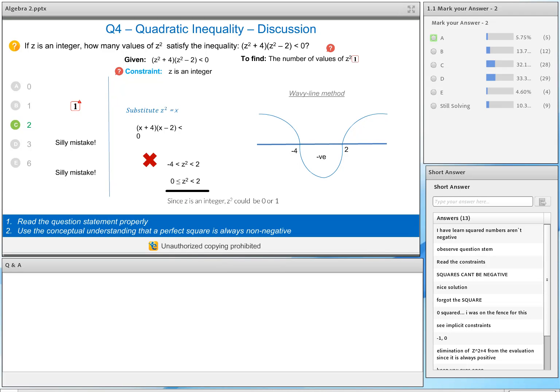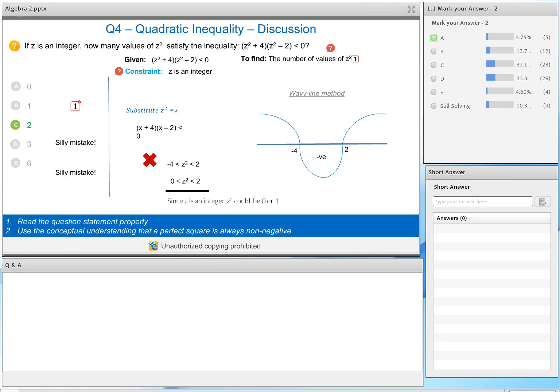For those of you who selected choice D, tell me why is it that you selected choice D as the correct answer? Where did you get 3 from? Yeah, but then z square cannot be negative. Why can't minus 1 work? You tell me why can't minus 1 work? Because z square, what is it that you have, for how many values of z square?